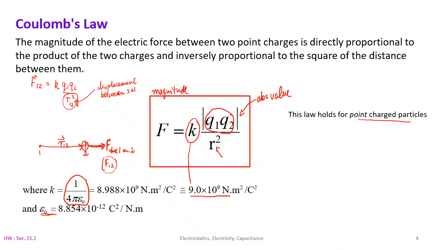How do we get a direction for this force vector? Well, we know that the force vector must be parallel to our displacement vector. That's good. So we need to multiply this by our displacement vector, R12.